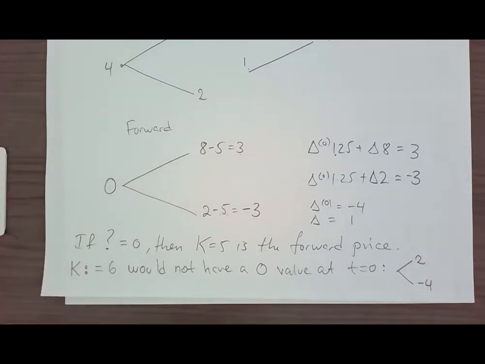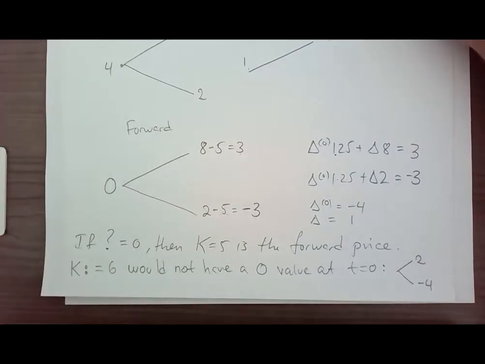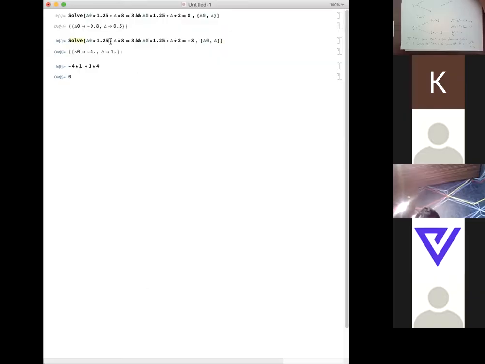Well, I'll go back to my Mathematica code and redo the calculation. Instead of 3 here, I want to put a 2. Instead of minus 3, I want to put a minus 4. I go ahead and I solve, and I get minus 4.8. That's going to be my position in the bank.